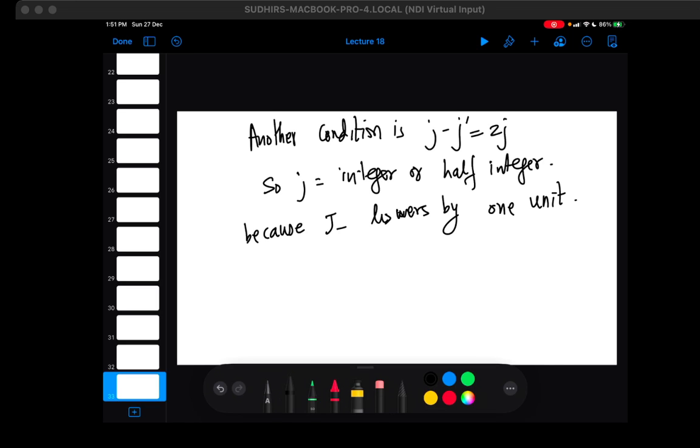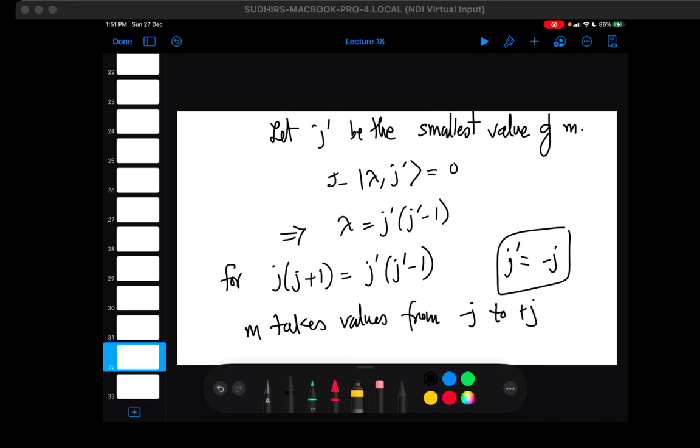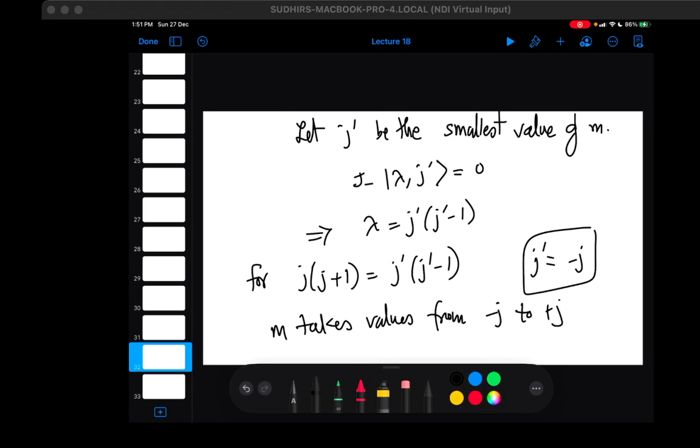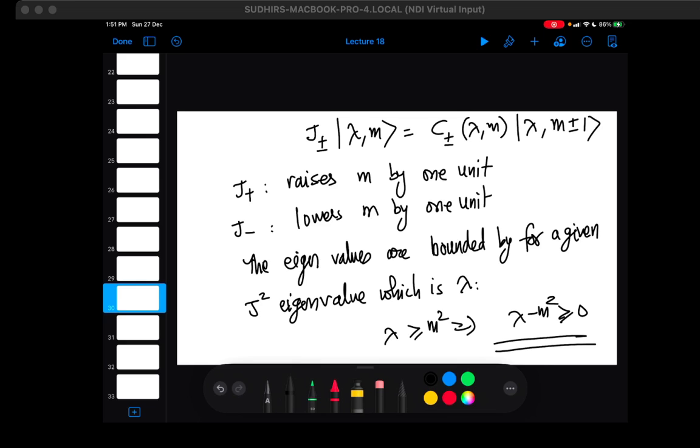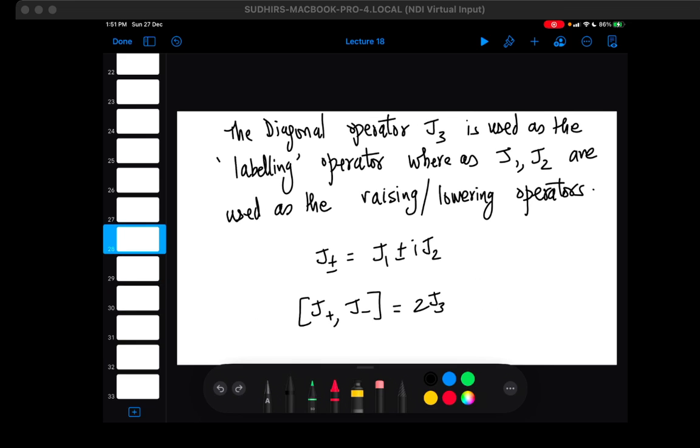Okay, now you also have one more. Now we also have to determine the c coefficients. We have the c coefficients sitting here, somewhere we have put the c's.